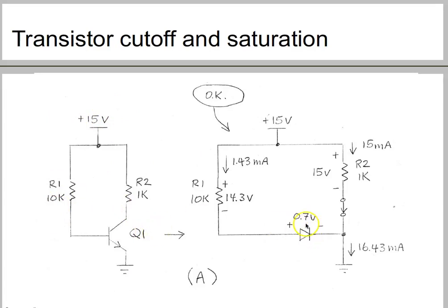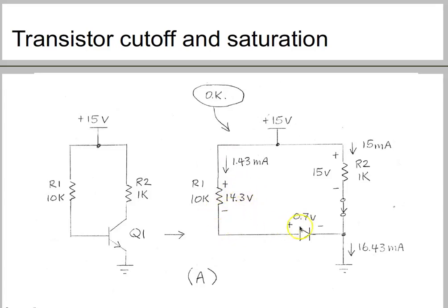Let's move on to this circuit, and this is the transistor model of this circuit. This portion acts as your diode, so that's what is shown over here, 0.7 volts. If this is 0.7 volts, then this is going to be your 14.3 volts across R1 by KVL.